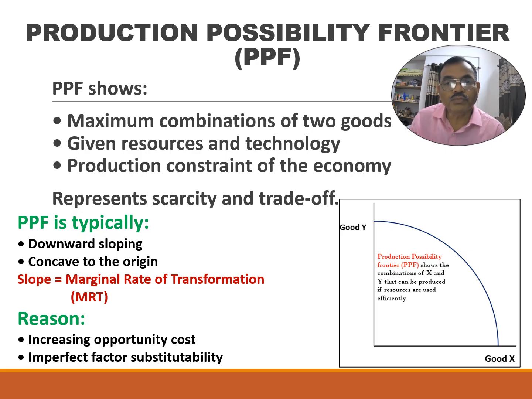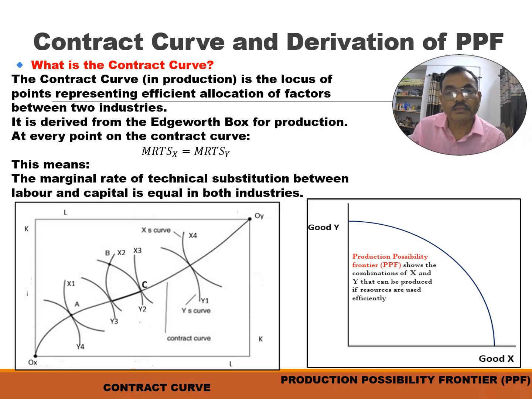As we move resources from production of Y to production of X, less suitable resources are used. So the sacrifice increases. That is increasing opportunity cost. To measure this trade-off more precisely, we use a concept that is called MRT. We will discuss it later.